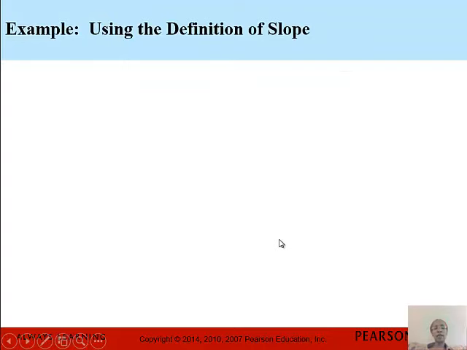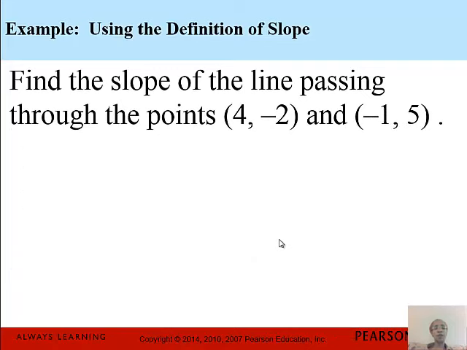Let's look at an example using the definition of slope. Find the slope of the line passing through the points (4, -2) and (-1, 5). So we begin with our slope formula. We calculate the change in y over the change in x, which is the same as saying calculate rise over run.